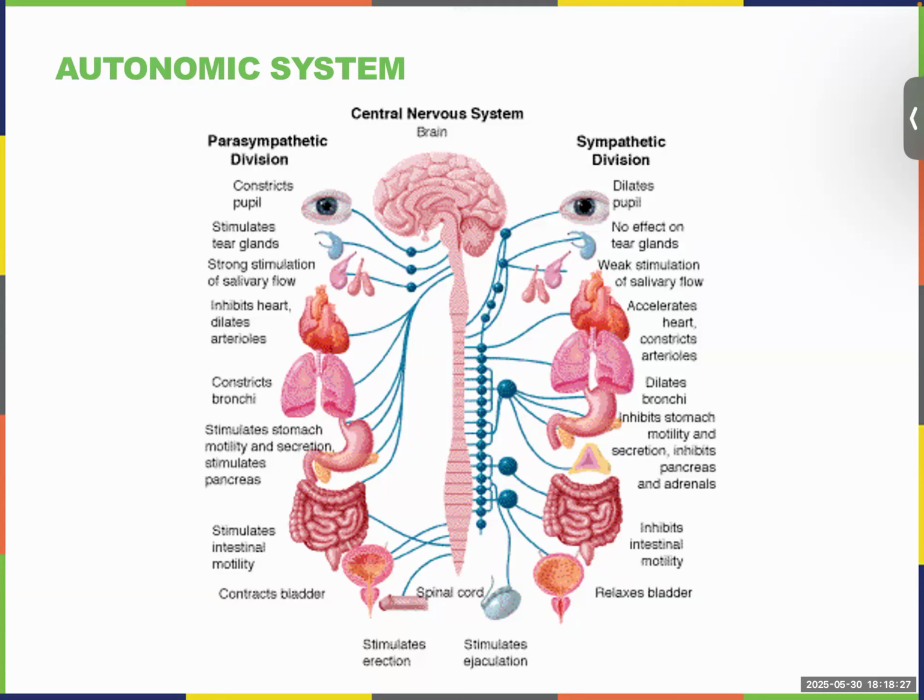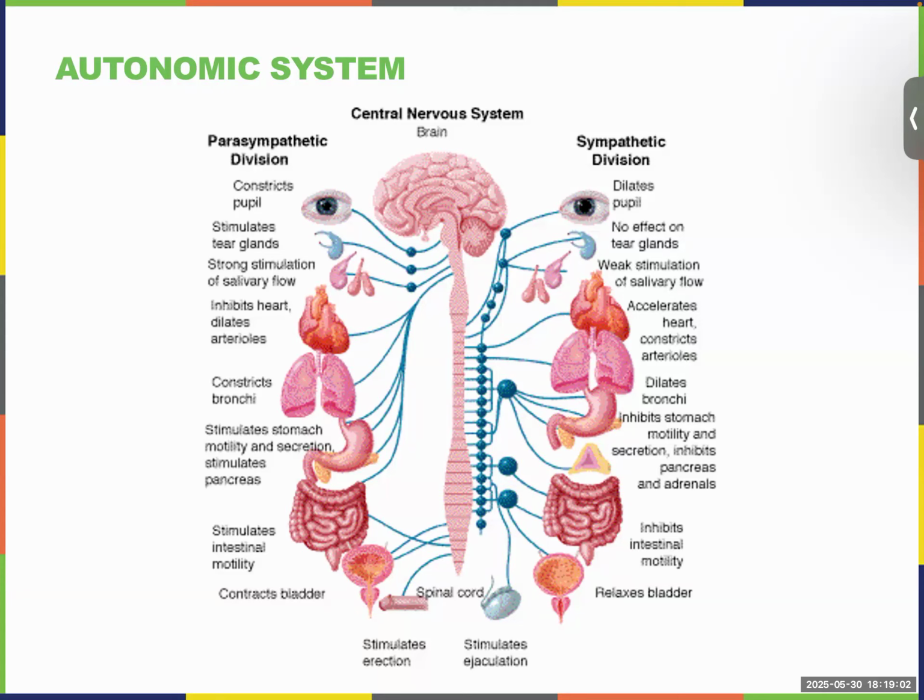It constricts your pupils, so here they're more closed, like when you go from dark to sunny, which protects your eyes. It also inhibits the heart, not making it pump as much, constricts the bronchi, stimulates stomach motility and secretion, and intestinal motility, and contracts the bladder. So there are many things it does here. You don't have to memorize all this.